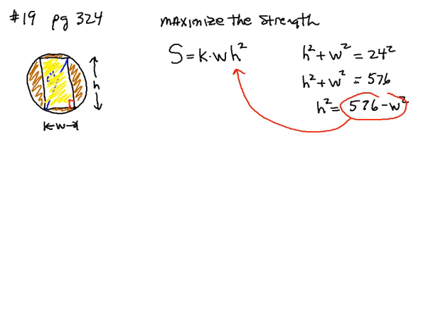And I will have the strength of the beam with respect to just one variable, w. And that's what I need. Now notice the k here is a constant. Now let's just see what happens. This function is with respect to w.